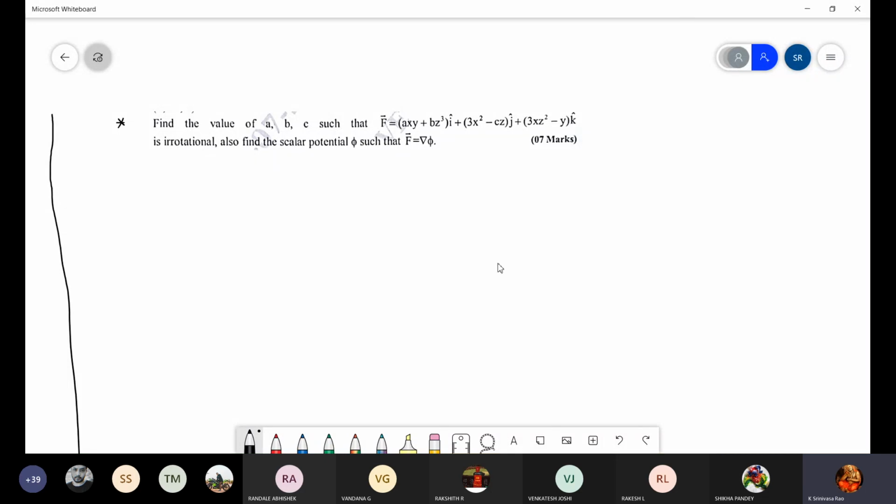Yes, take down. Find the value of a, b, c such that the given vector f is irrotational, and also find the scalar potential.